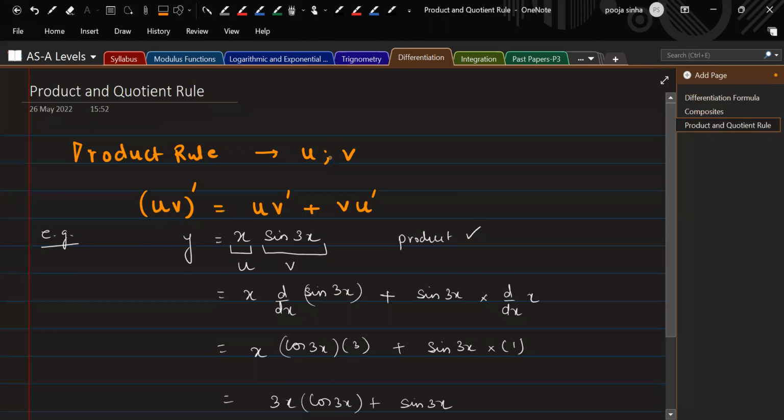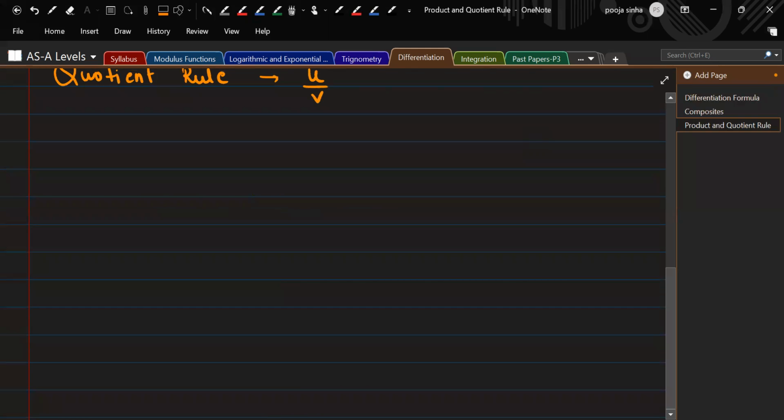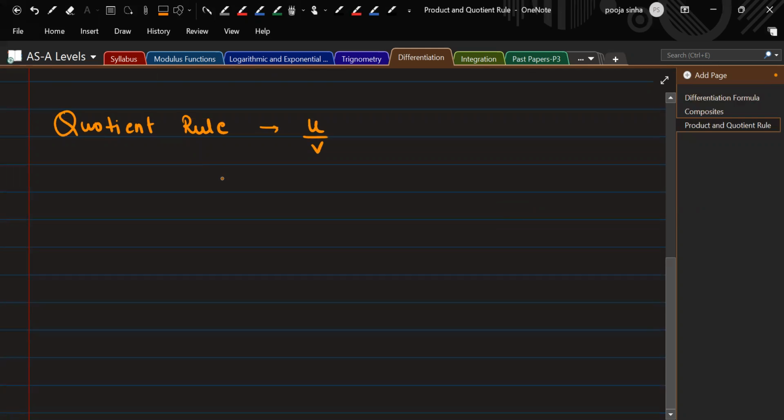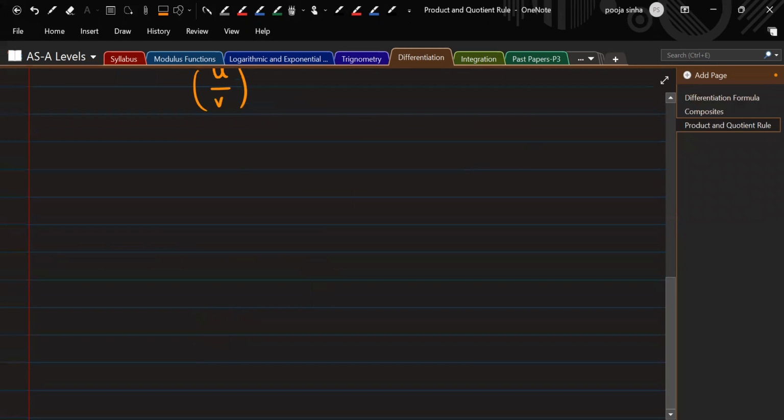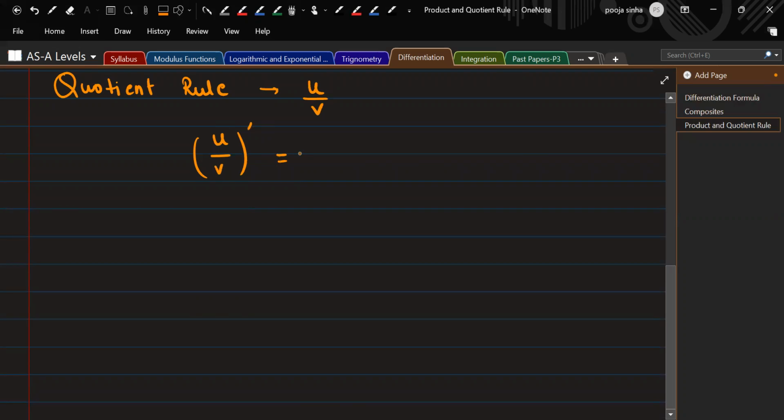This was u multiplied by v, this is u upon v. ऐसे में हम क्या करते हैं, इनको अगर डिफरेंशिएट करना हो, so u upon v का डिफरेंशिएशन, that is dash, will be equal to, सबसे पहले ध्यान रखो इधर डिनोमिनेटर में जो है, वो v है, तो इधर हो जाएगा v स्क्वायर. और हमको v को ही पहले लेना है, so v रखना है और u का डैश करना है. फिर u रखना है, v का डैश करना है, बट दोनों में माइनस साइन है.